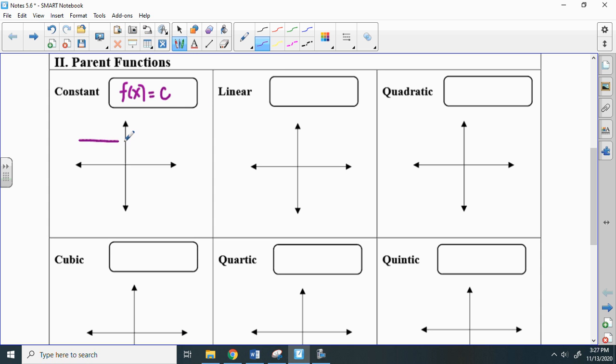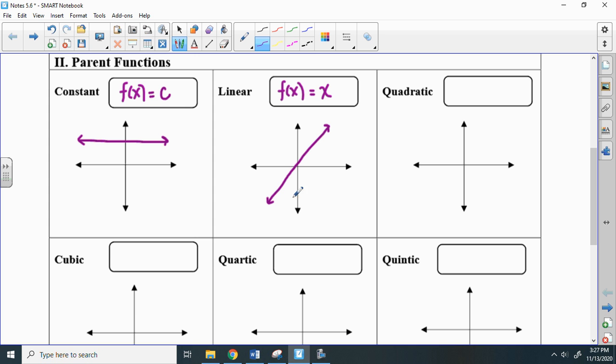So the graph will always be a horizontal line through whatever that number is. For a linear function, the basic equation for all lines is y equals mx plus b. But when I'm talking about the parent function, I'm really just talking about y equals x.